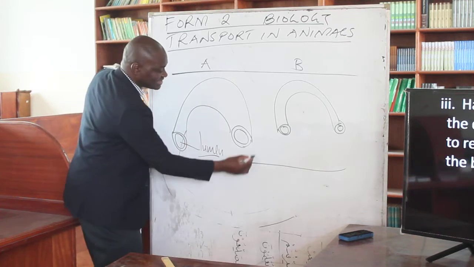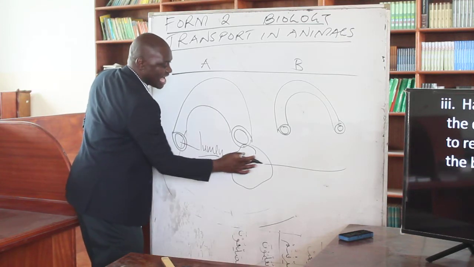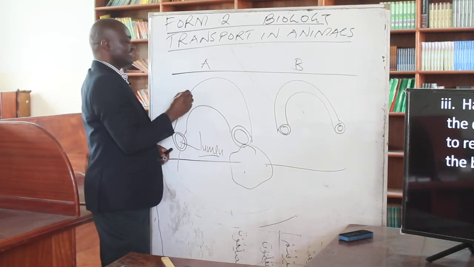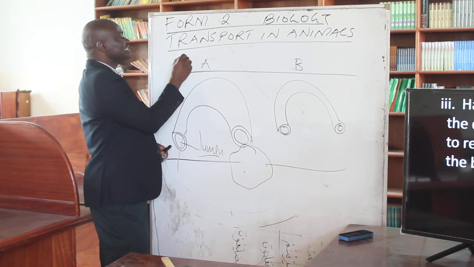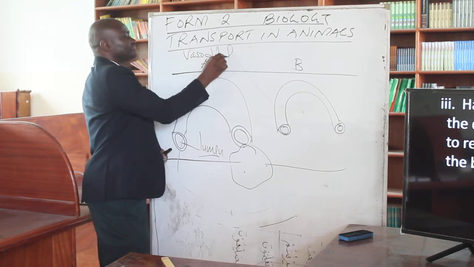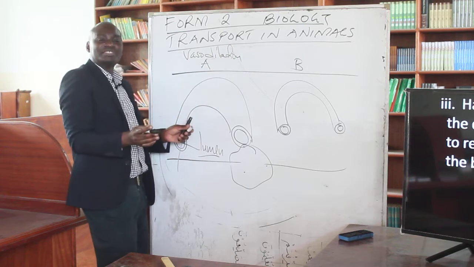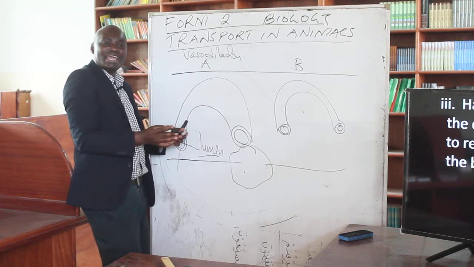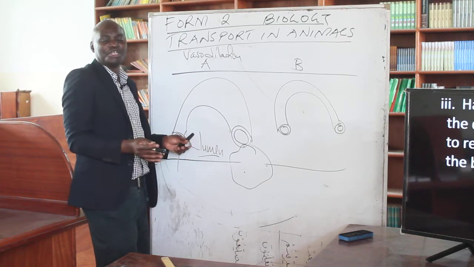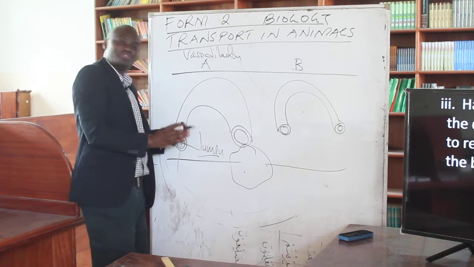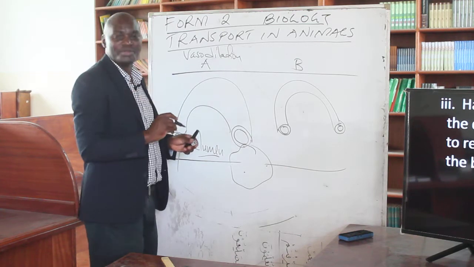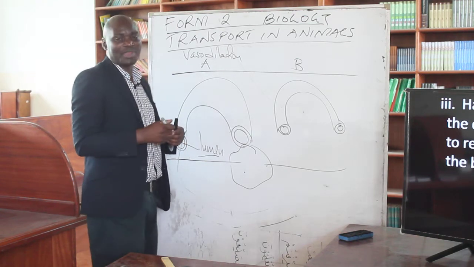If, for example, there is an organ here, and this organ requires more blood, then there will be what is called vasodilation. The dilation will take place. The wall of the artery, the lumen, the diameter will increase to allow more blood to flow through it so that more blood can reach a certain organ which requires large supply of blood.